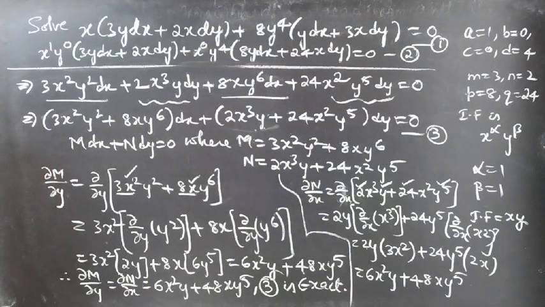Now we'll find the solution to the given differential equation using the general solution to this equation 3, which is given by the formula of the general solution of an exact equation.